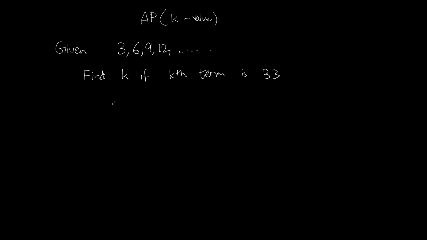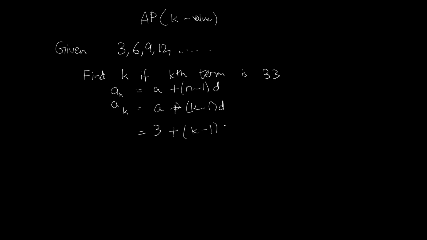That means, since a of n is equal to, and a of k would be equal to, we know the first term is 3, and the difference is 3 as well. We also know the value of a of k, the kth term, which is 33. So let's just replace that as well.